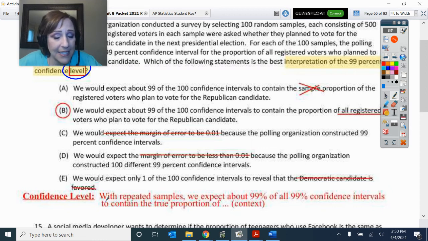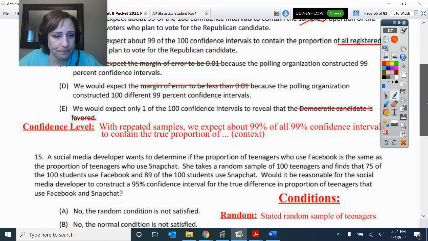It is out, it is out, it is out. So A is gone because it talks about containing a sample. And this B says it's containing the proportion of all registered voters who plan to vote for the Republican candidate. So that's the population amount it is describing. The other ones just don't make sense. Okay, so that's why B is better than A.